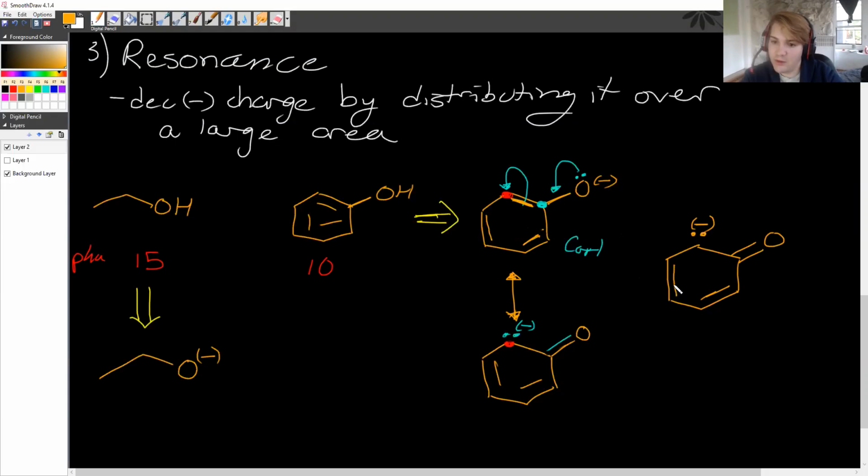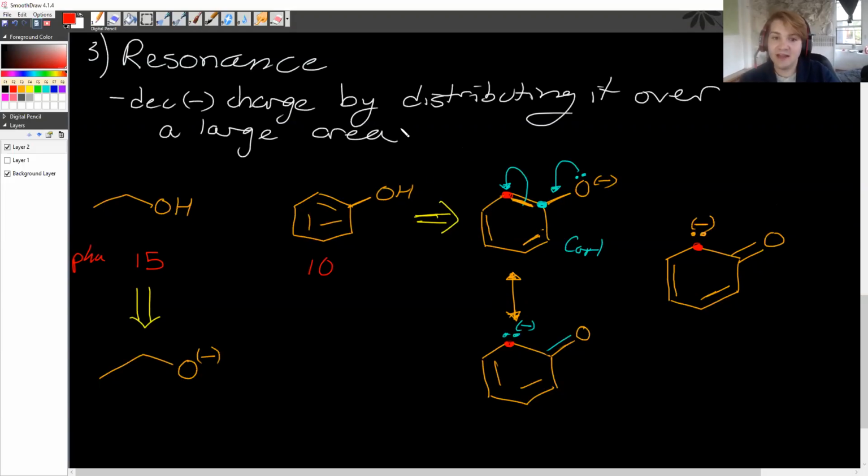And so what I want you to appreciate is that we've moved the negative charge from the oxygen onto this red carbon over here. Does that mean that we've decreased the negative charge on the oxygen? Totally, right? We've decreased it so much now that it's neutral.